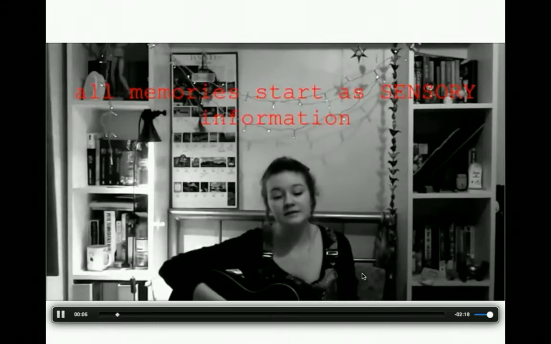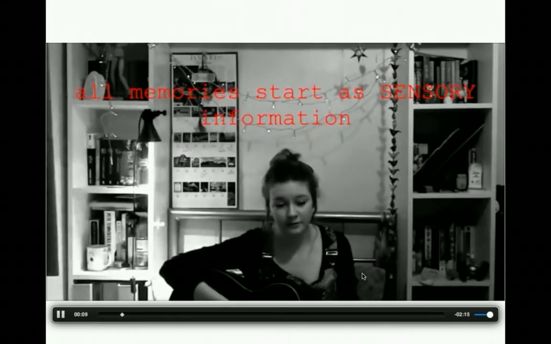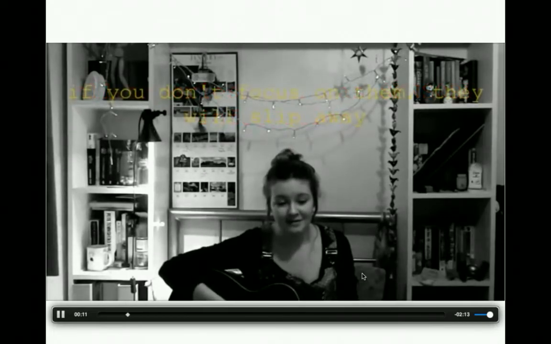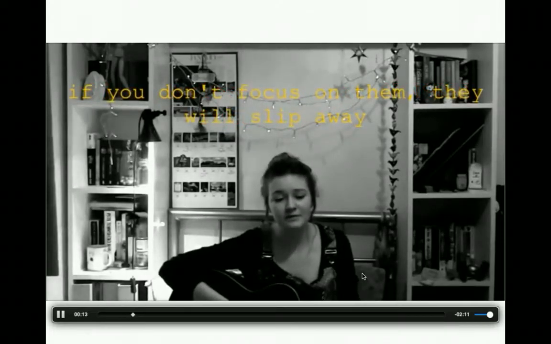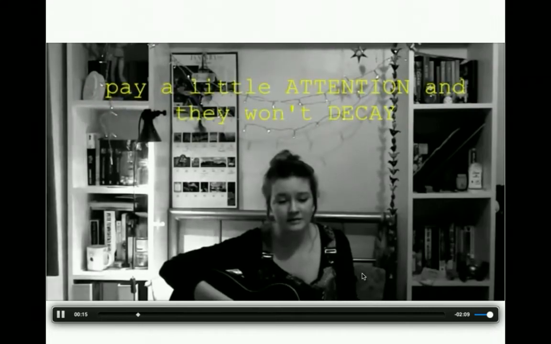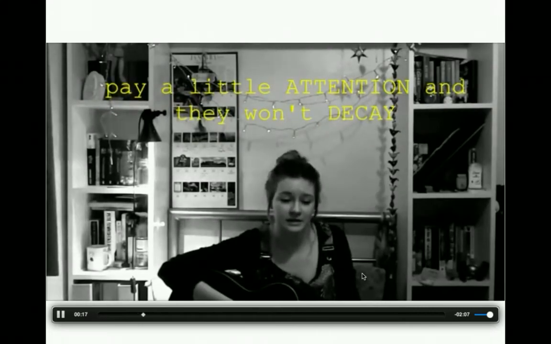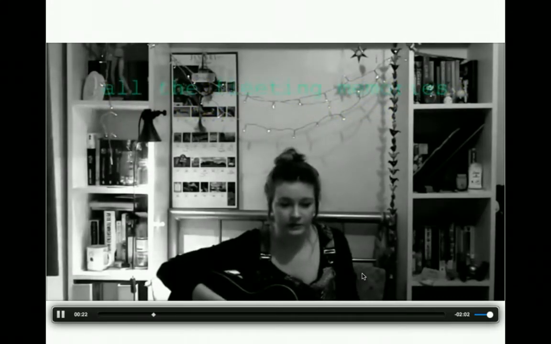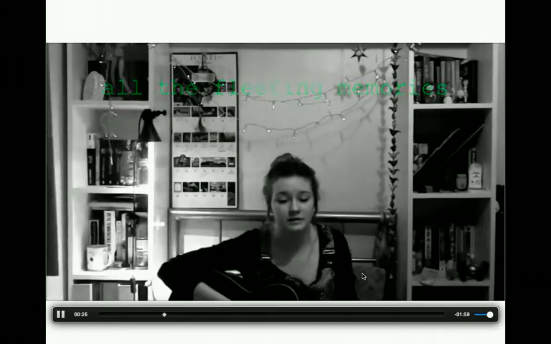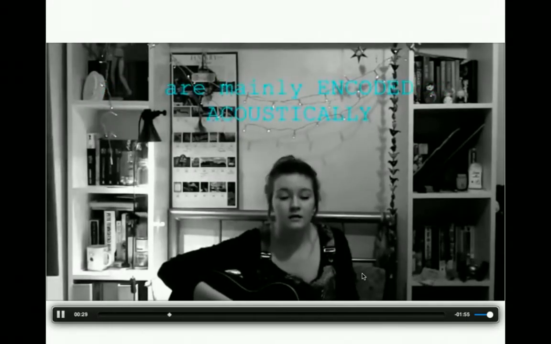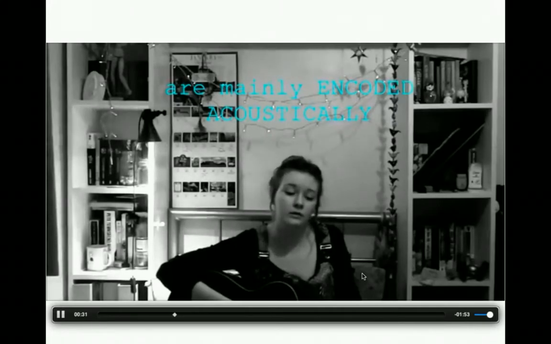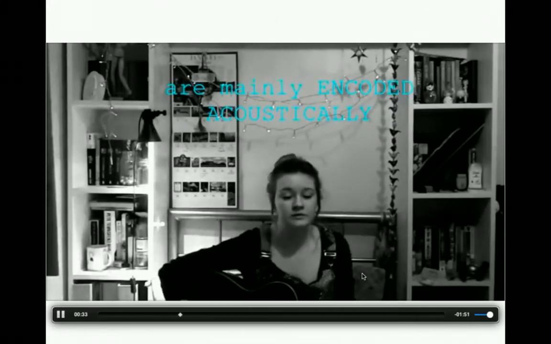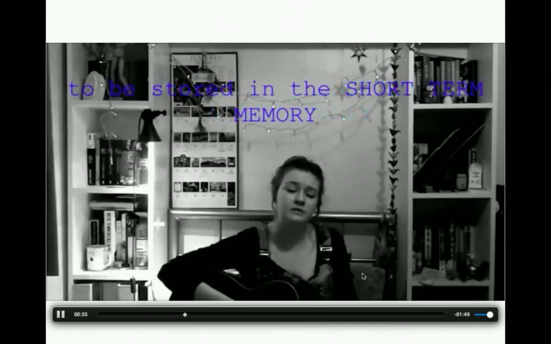Oh, memory start a sensory information. If you don't focus on them, they will slip away. Pay a little attention and they won't decay. Oh, the fleeting memories are mainly encoded acoustically to be stored in the short-term memory.